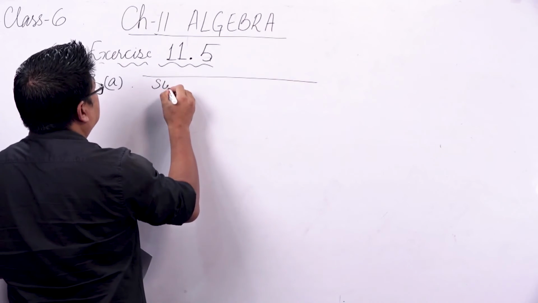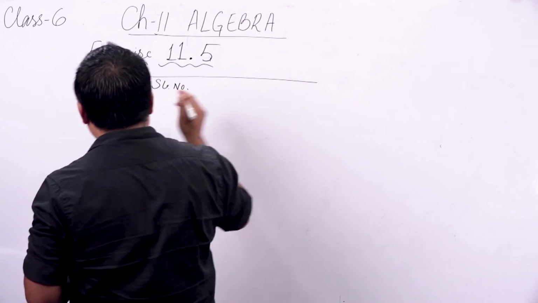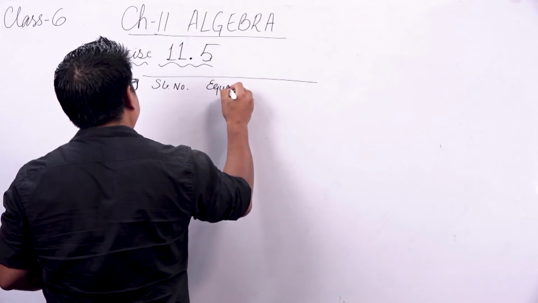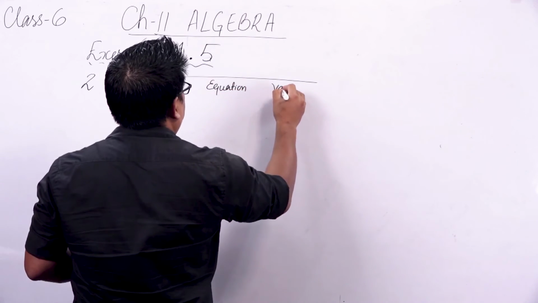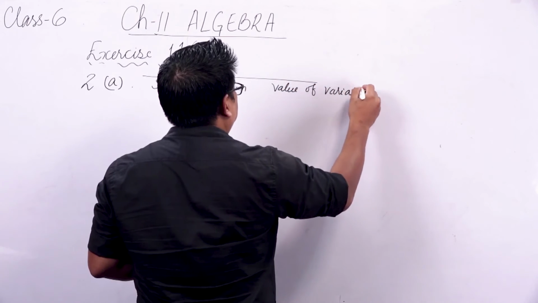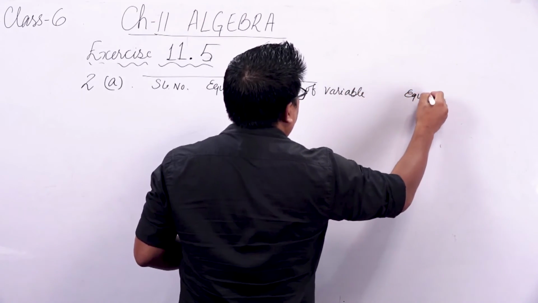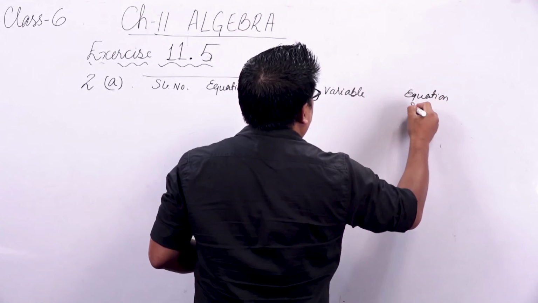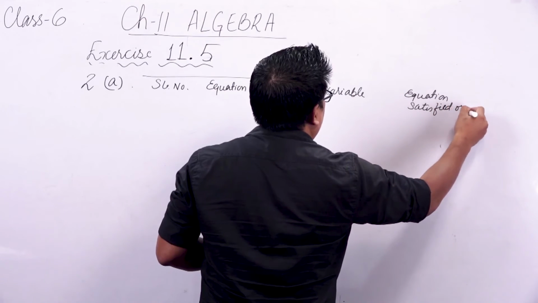So here it is: the serial number, equation, value of variable, and finally equation satisfied or not.